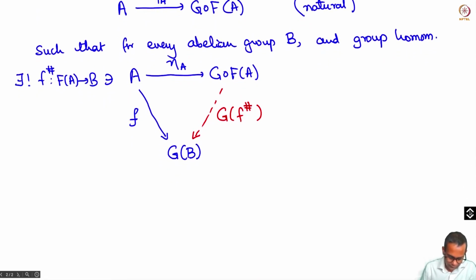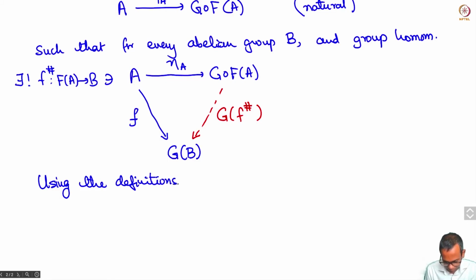So what we have is A, which is now a group, and F of A is the abelianization of the group, A mod its commutator subgroup, and we need eta like this.